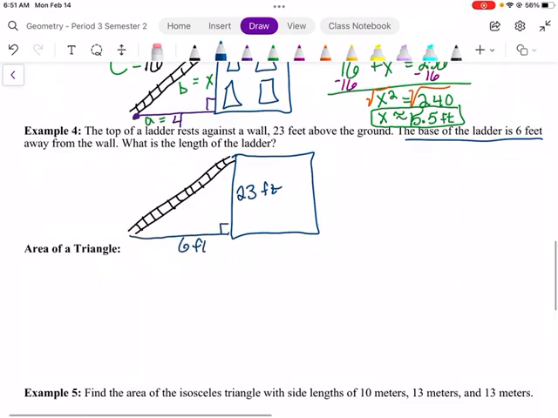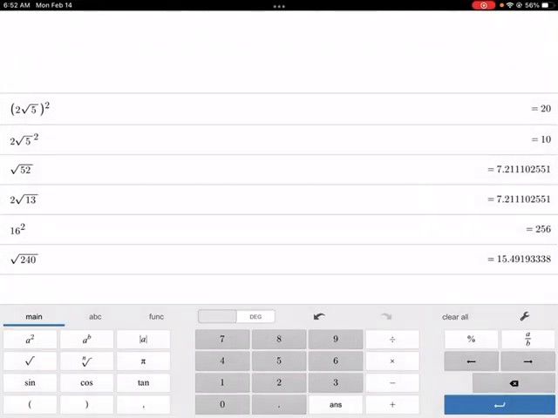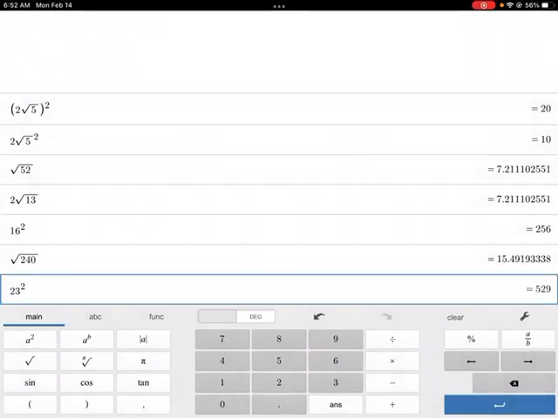So again, C is going to be across from that 90-degree angle. A and B is okay to switch around. So we'll have 23 squared plus 6 squared equals C squared. So I'm going to add those together on my calculator. And we're going to get 565.